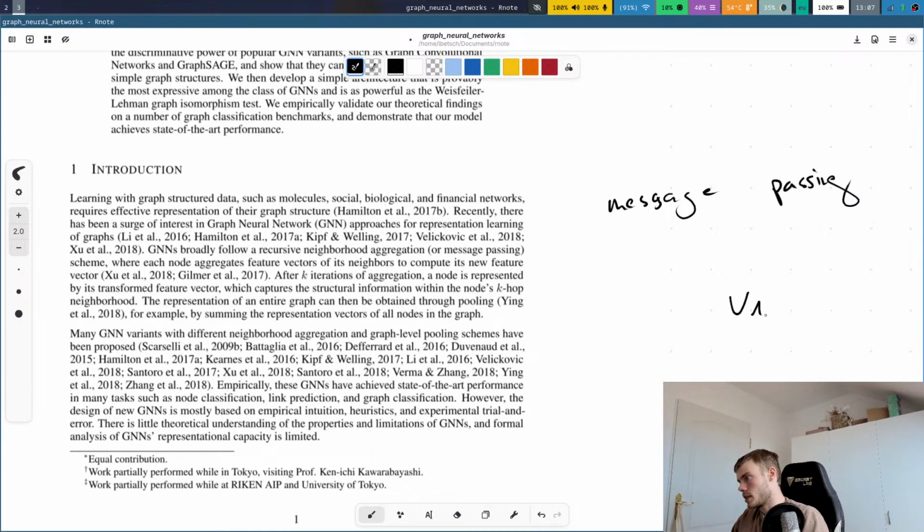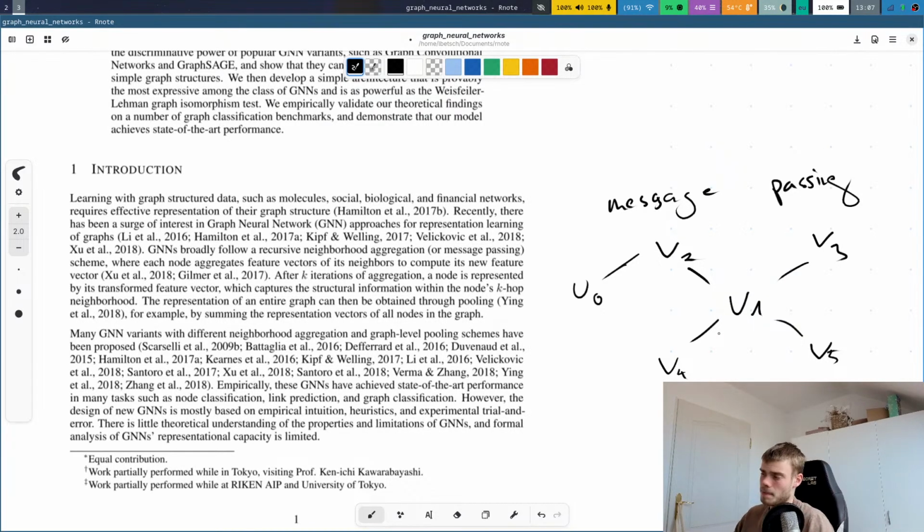Each vertex in each round passes on its state to the vertex it's connected to, using its hidden state and a message function.